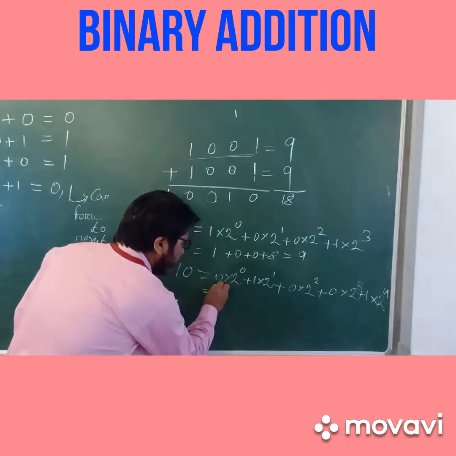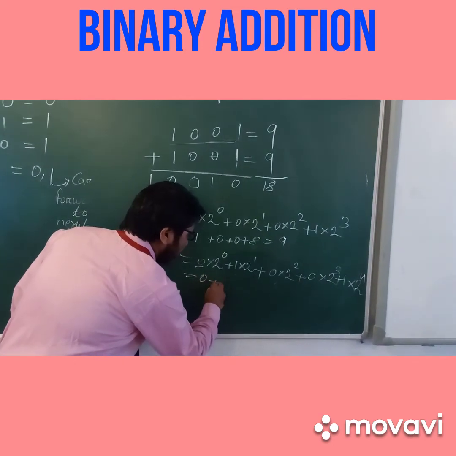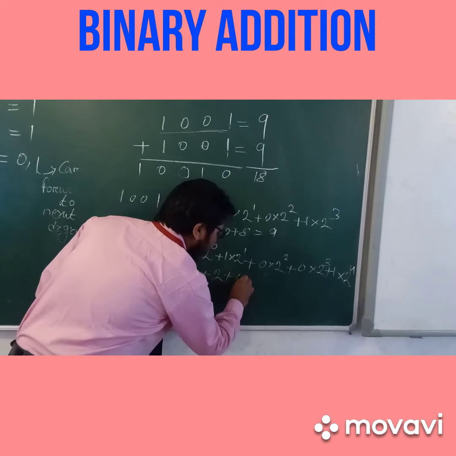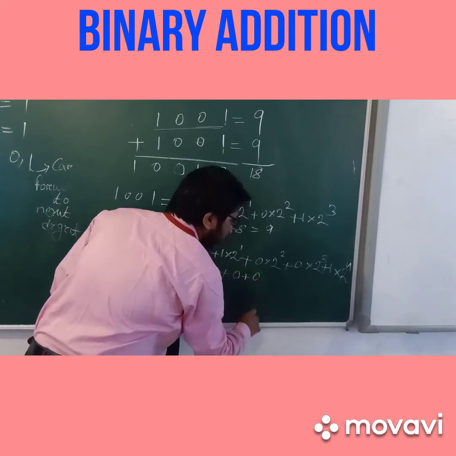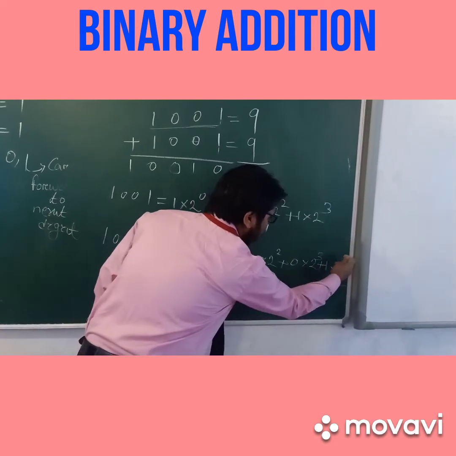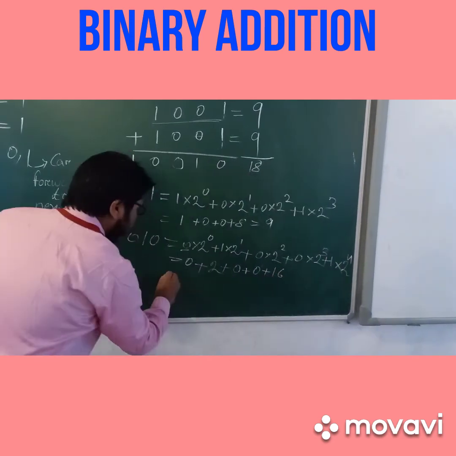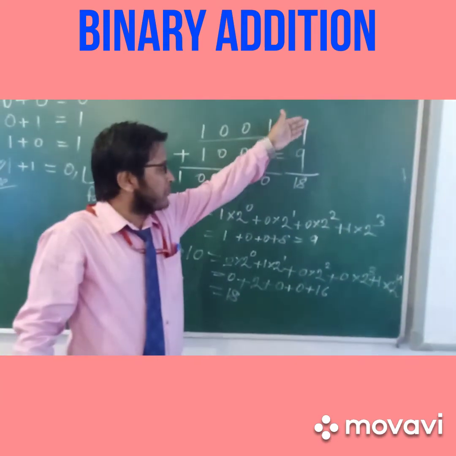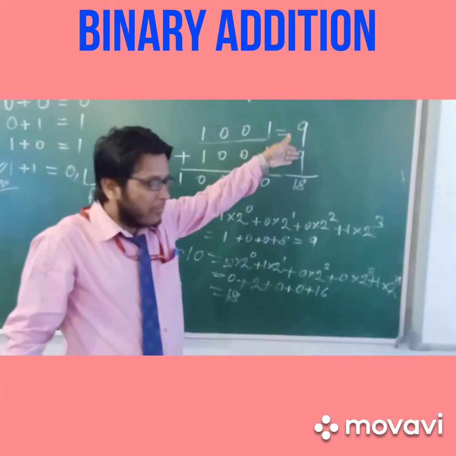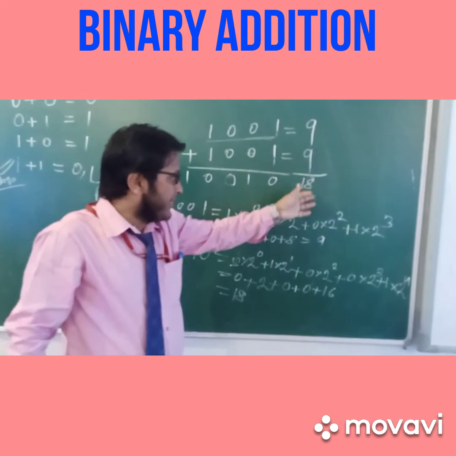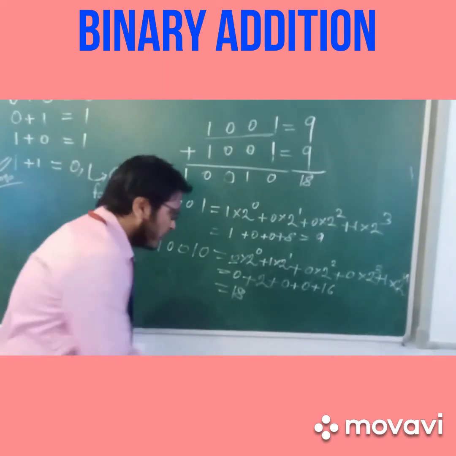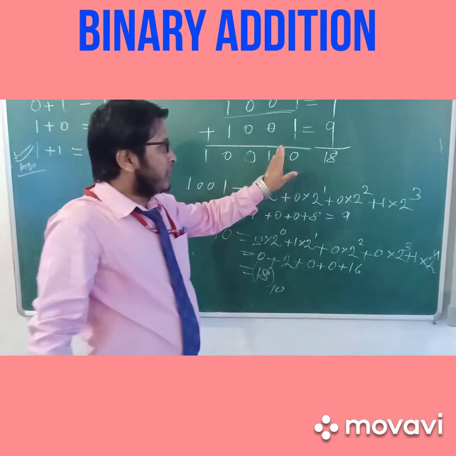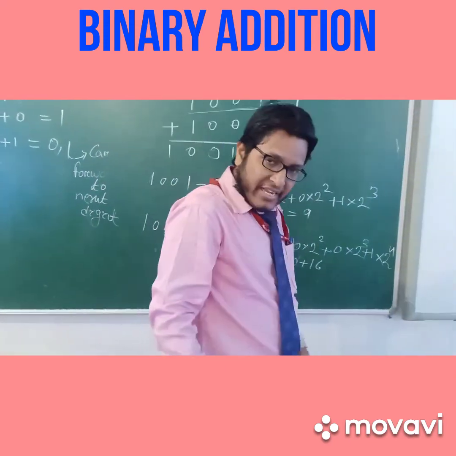That means 0 plus 2 to the power 1 is 2, plus 0, plus 0, plus 2 to the power 4 is 16. After adding, this is 18. You see, my addition of the two decimal numbers 9 plus 9 is 18, and here it is also 18. That means my answer is correct. So in this way we can do binary addition.